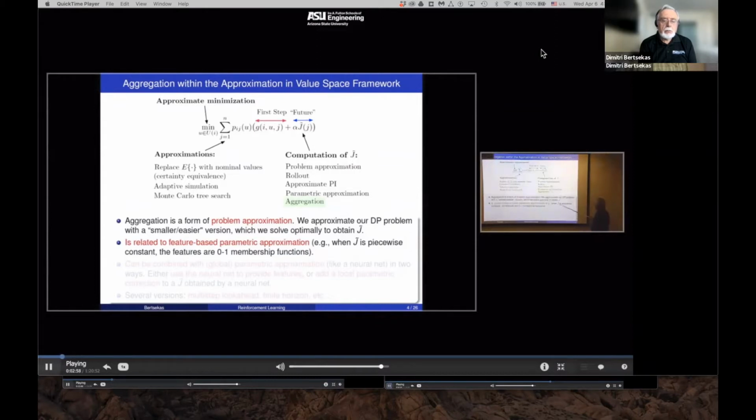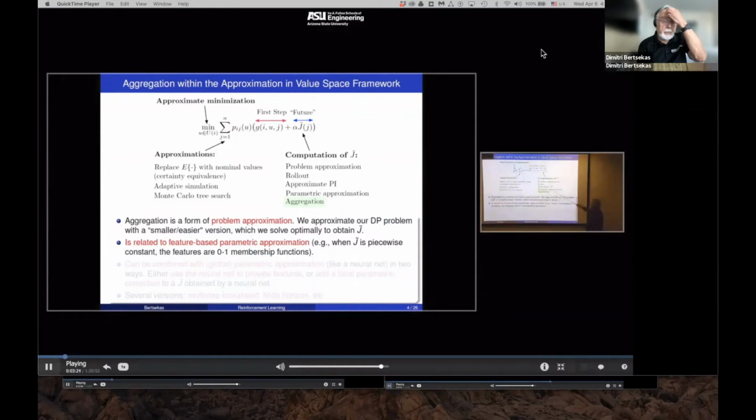In particular, we're going to see a major special case. Major special cases are going to be obtained when J tilde is piecewise constant. And we have seen that piecewise constant functions can be viewed as feature-based approximations with the features being 0, 1 membership functions, 1 over a subset, 0 everywhere else.